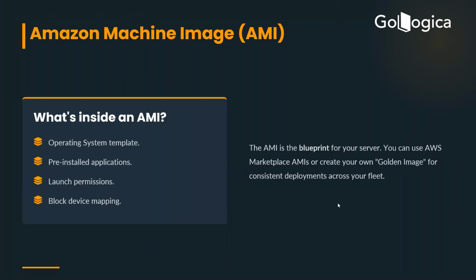We can use Image Builder to configure these AMIs: what templates we need, what operating system we need, what runtime will be installed in it. Everything we can select, and we can create the image, and we call it a golden image.